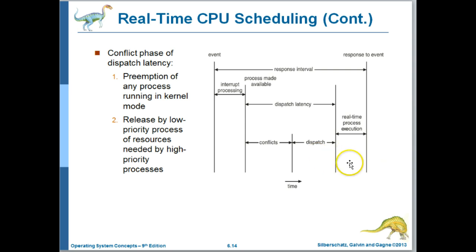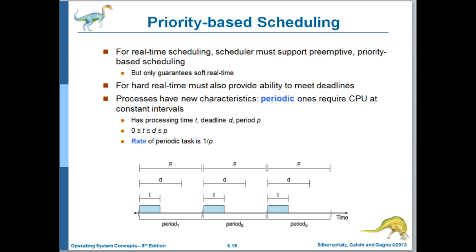Then the process executes, and finally we've completed the response to the event. So some of the characteristics we're looking at in real-time systems are: we have events that occur at certain periods, deadlines that are less than the time of the period, and then the processing time for the event process itself.